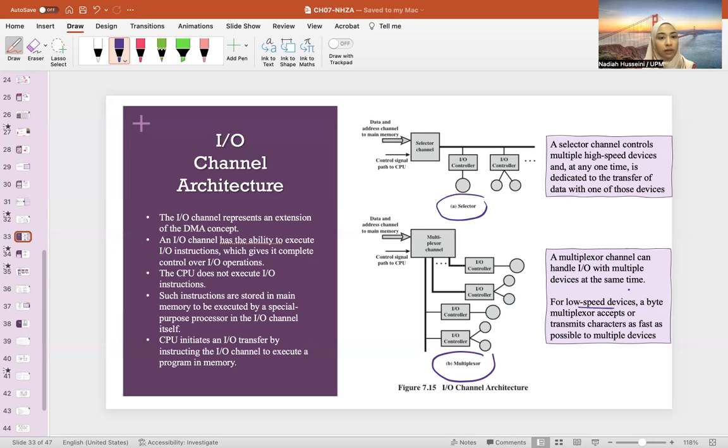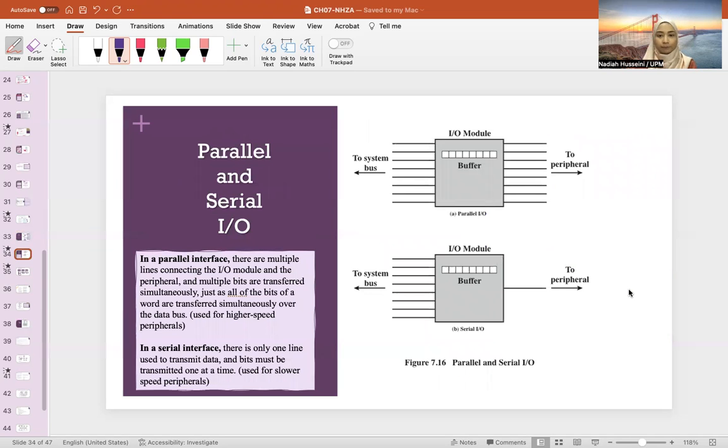You have a selector or a multiplexer. A selector, you select one. You do basically for a high-speed device. A multiplexer, you handle multiple devices at a time for data transmission back and forth. Okay, and then we have the parallel and serial I/O. So in a parallel interface, there are multiple lines, of course.